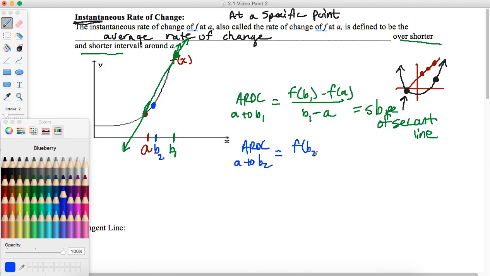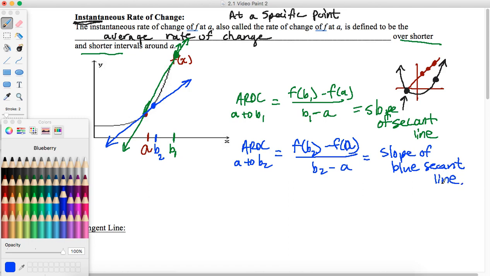Which is f of B2 minus f of A all over B2 minus A, right? And what I can do is what I did before: draw my secant line, and my average rate of change will be the slope of this blue secant line.